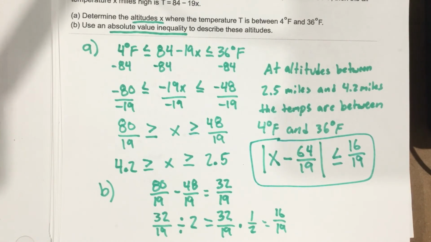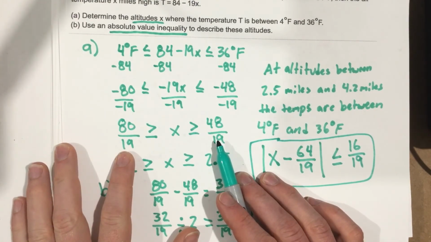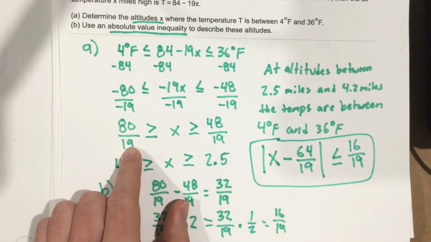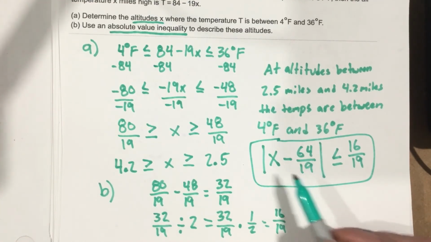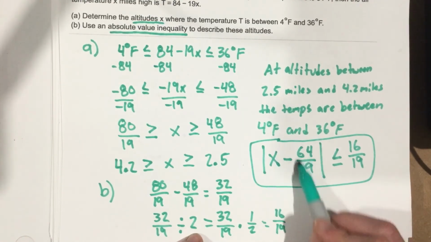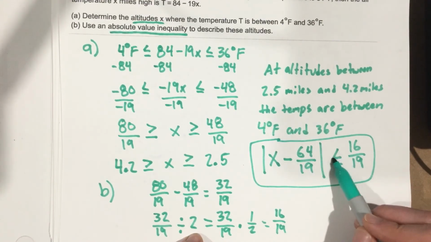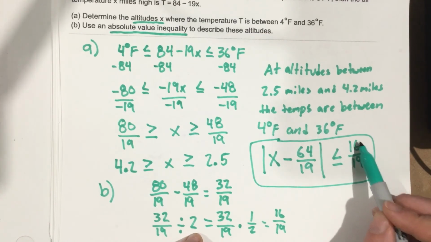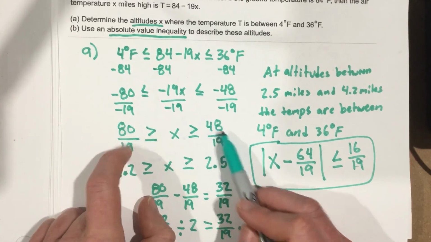I hope that makes sense. So recap real quick: you take the endpoints for your altitudes, you find the midpoint, which is 64 over 19, and you say, for whatever altitude I get, if I subtract out the midpoint, I need that to be less than or equal to a distance of 16 over 19, because the distance of 16 over 19 reaches those endpoints.